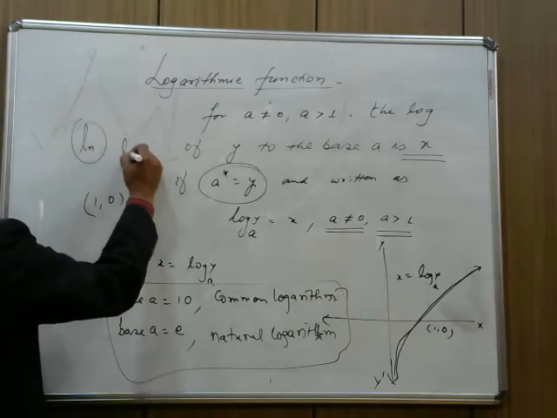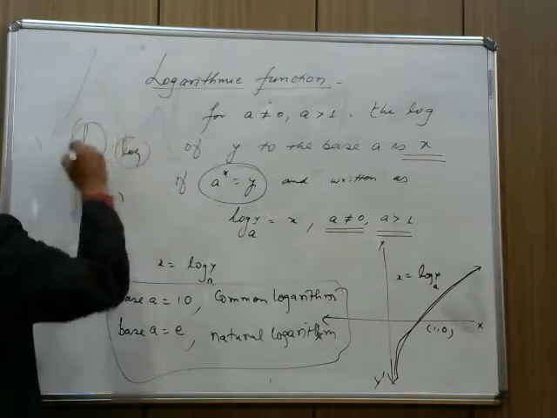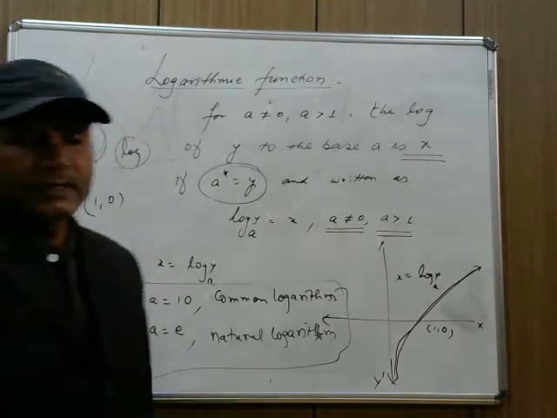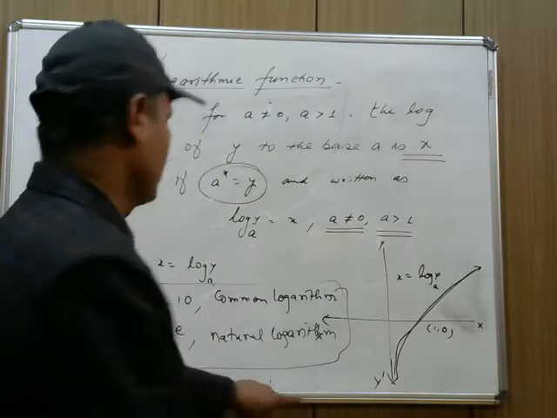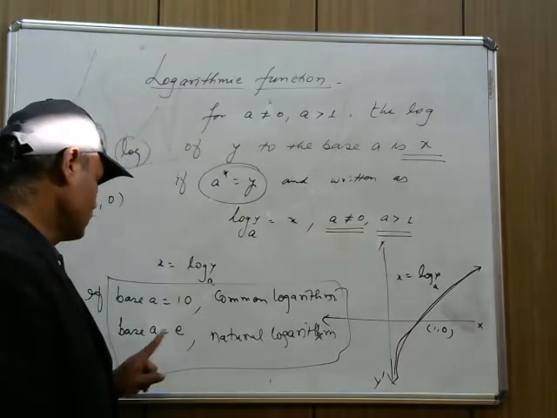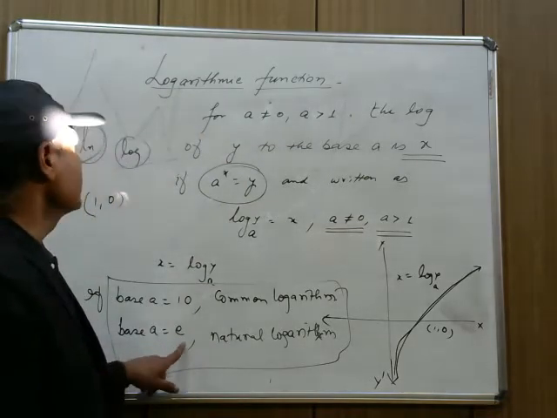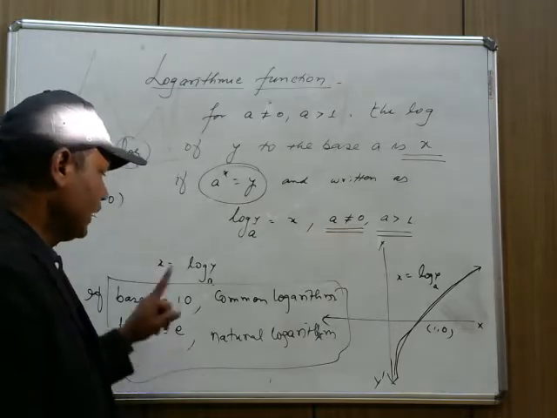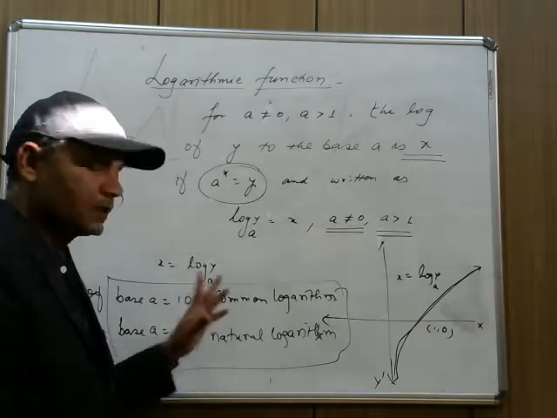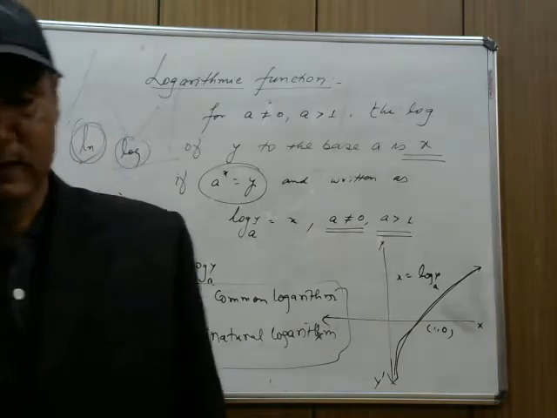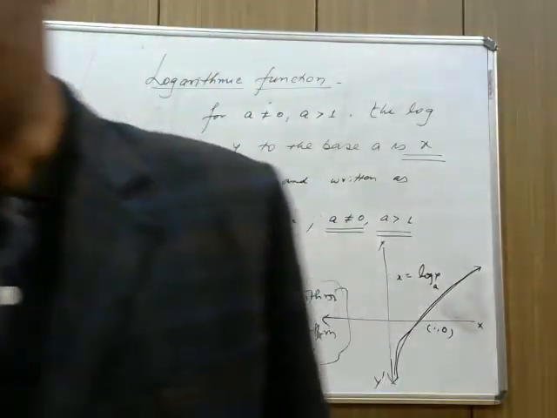Simply, instead of writing log, we write ln. Whenever you see ln, it means natural logarithm. In the natural logarithm, base a is equal to e, and in the common logarithm, base a is equal to 10. We can have any base for the log, right?